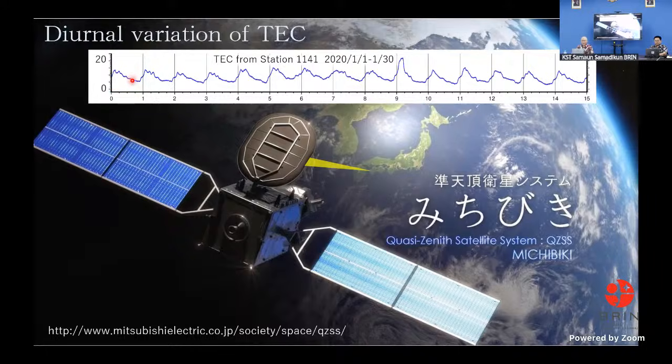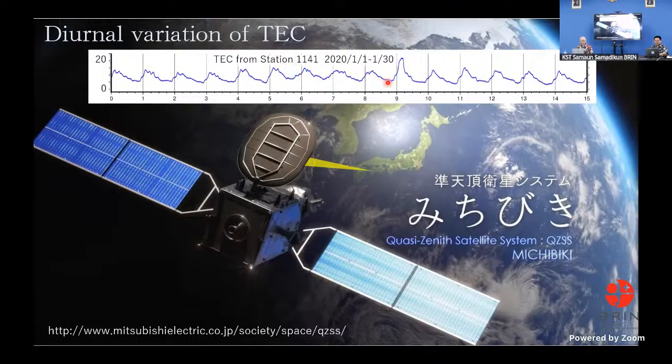So you see a daily change. The sun rises, then the electrons increase, and the sun goes down, and the electrons decrease. So it repeats daily changes.